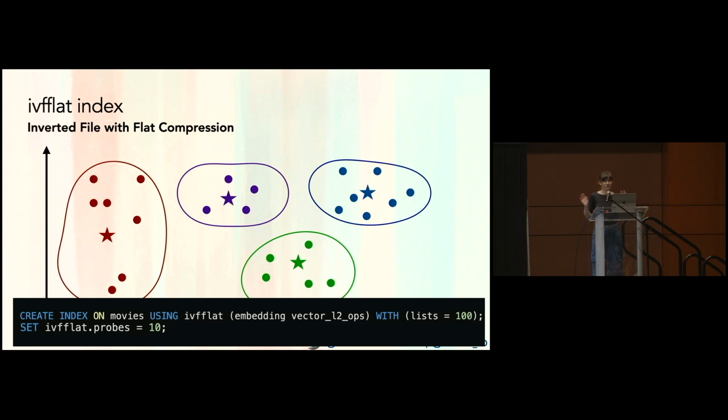However, it has a couple of things you need to be aware of. First of all, when we calculate those centroids, the positions around which we want to build our clusters, it's good to have as much data already in the database as possible. So you don't want to start building this index until you already have a big chunk of your data. Also, the other issue is, what if you're constantly updating the records?